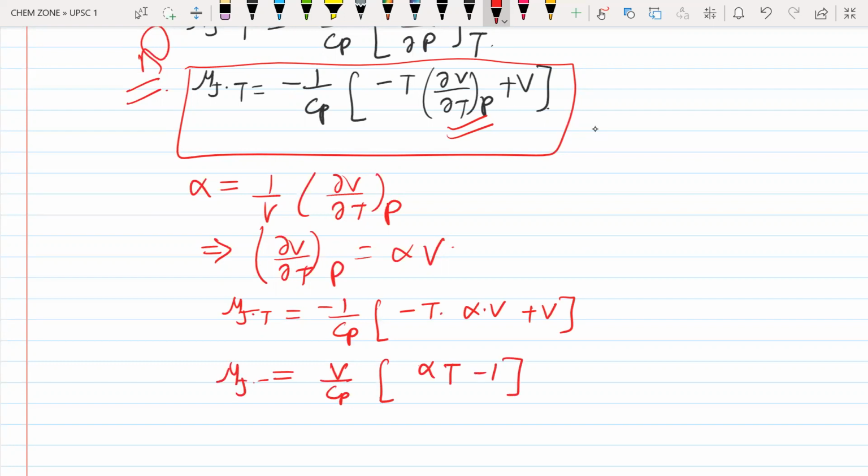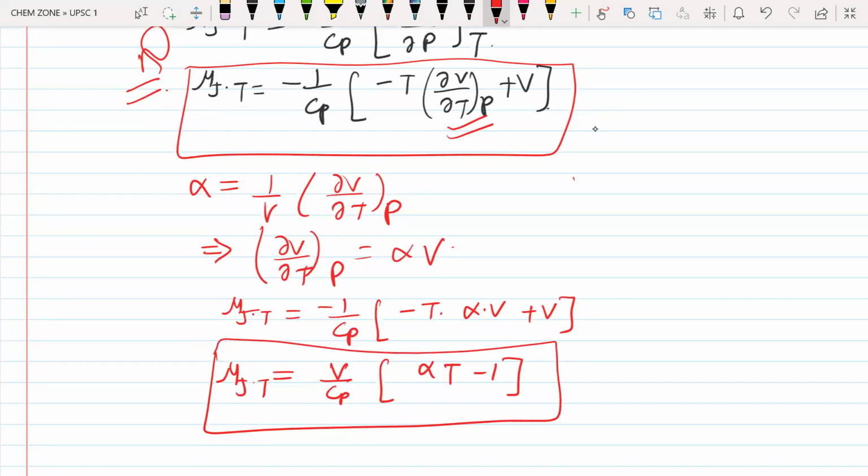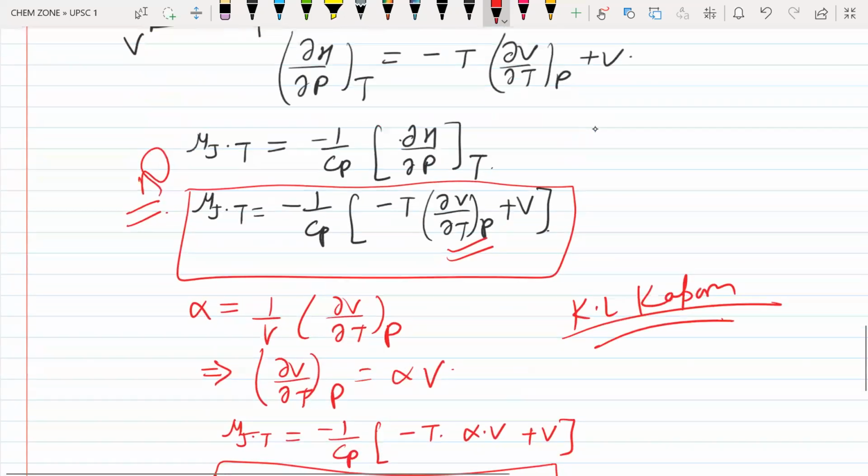This is another expression of mu JT. You can see the reference of K.L. Kapoor, in which we find these relations. So in future, maybe they ask to prove how we can get this value from this value.